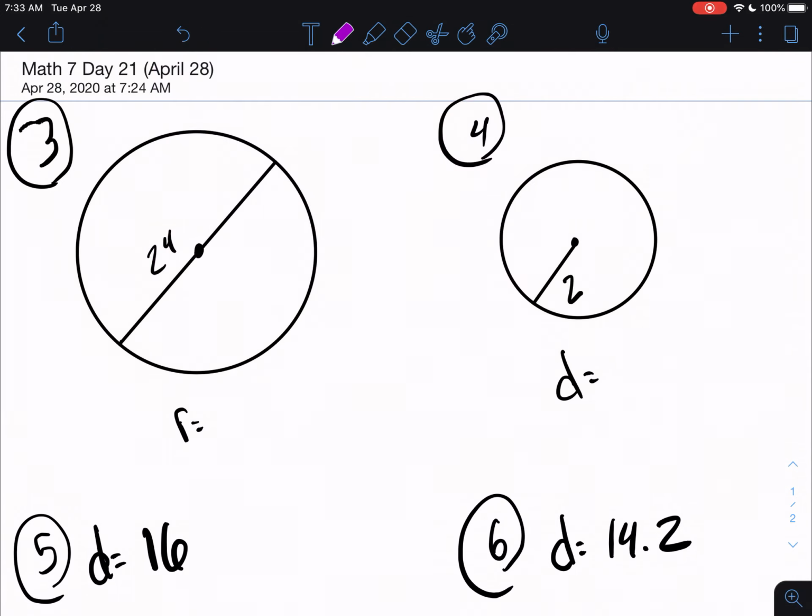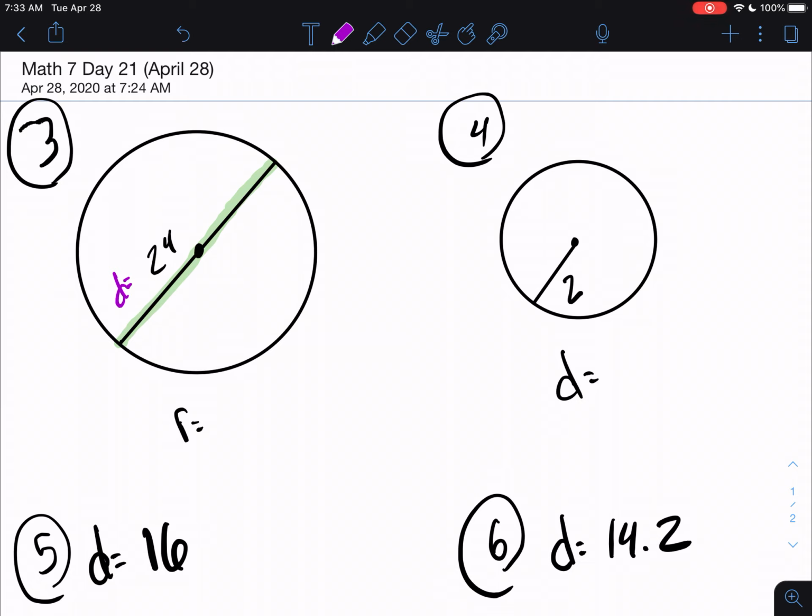So we see this line going from one end through the center point to the other end of the edge of the circle. That means that this 24 is our diameter because it goes from one end to the other through the center point. Now, we have to think, what do we know about the relationship between diameter and the radius?